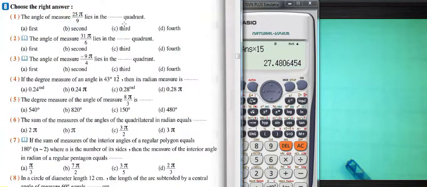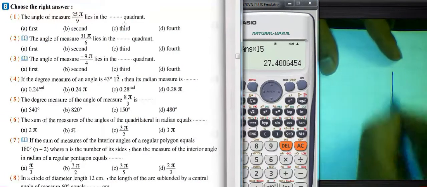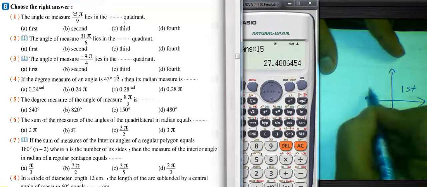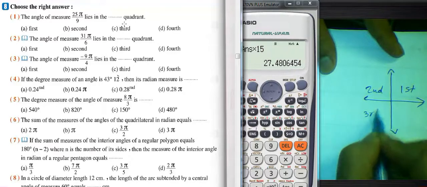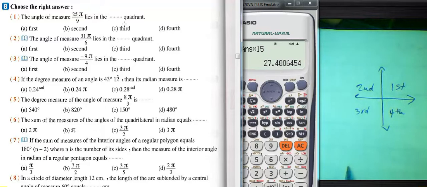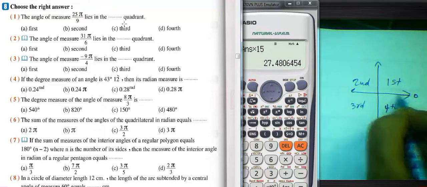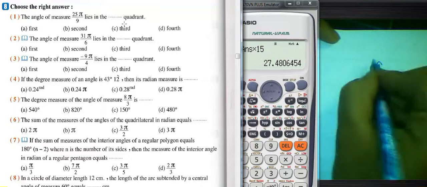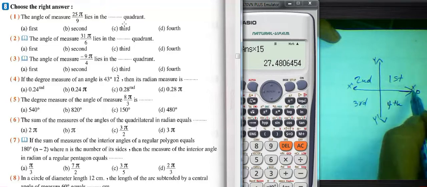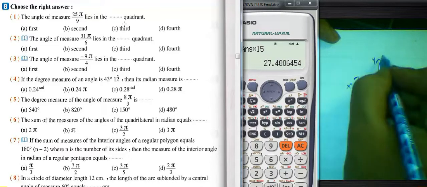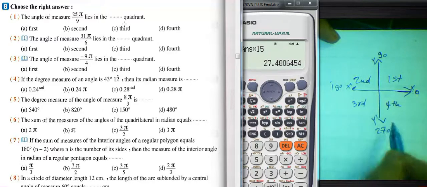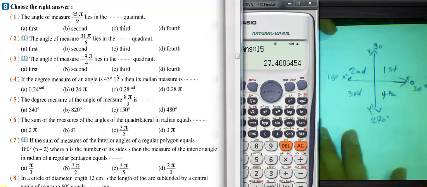We know we have four quadrants: first quadrant, second quadrant, third quadrant, fourth quadrant, with the x axis and y axis, x from 0 to 90, then 180, 270, and 360.